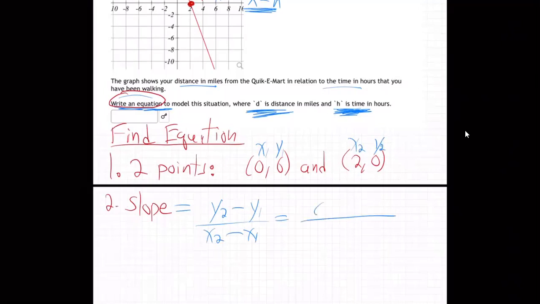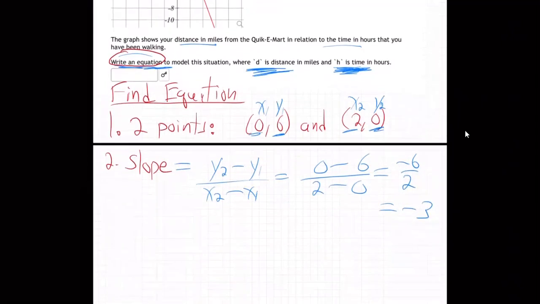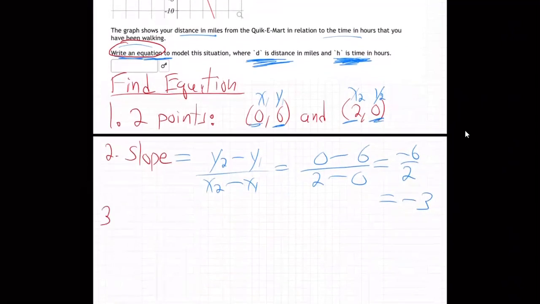So y2 is 0 minus y1 is 6 over x2, 2, minus x1, 0. And so what does that equal? Negative 6 over 2, which is negative 3. So the slope is negative 3. Got ourselves a slope.